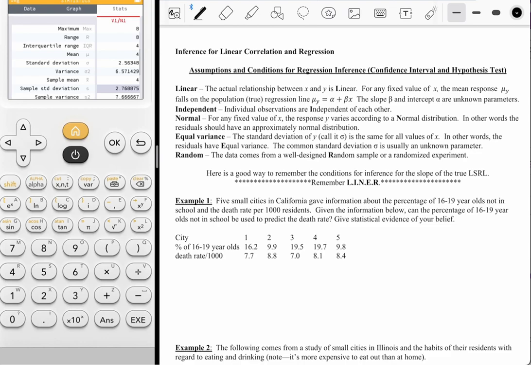Independent observations, a normal distribution, equal variance. Almost always that's something that you have to assume. So the standard deviation of y is the same for all values of x. Without having the population data set, I don't know how you would verify that, so you just assume it.